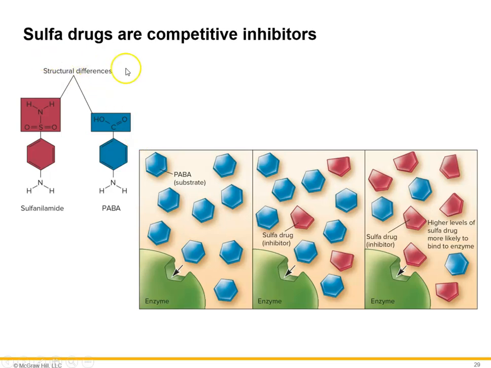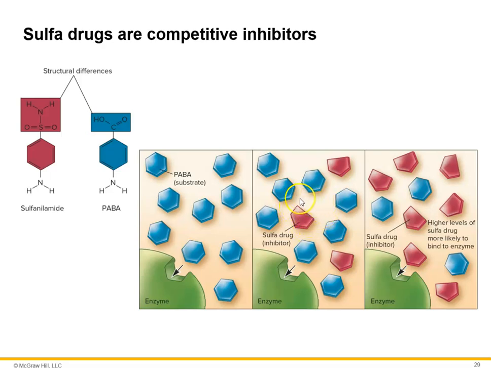Okay, this is showing sulfa drugs as competitive inhibitors, and this is just illustrating in real space what's happening. So here you have PABA, the normal substrate of this enzyme here. And then this is a sulfonamide, a drug. You can see it looks similar structurally. This is a hexagonal shape, so the hexagon fits into the enzyme like so, while the inhibitor, the drug, looks like a hexagon as well.